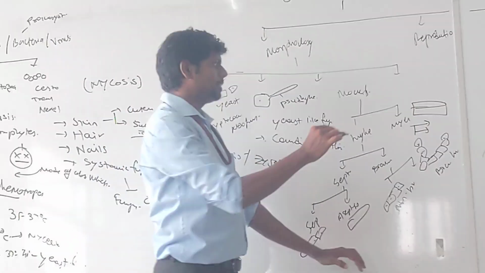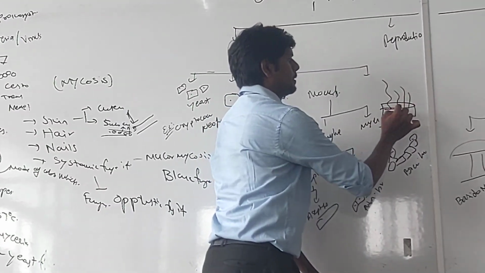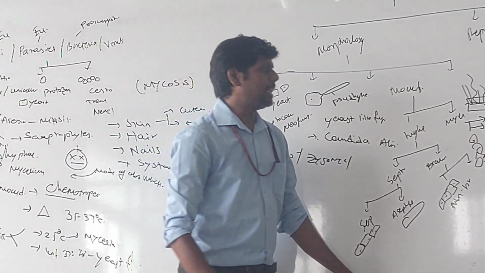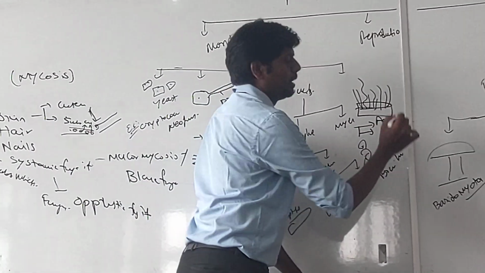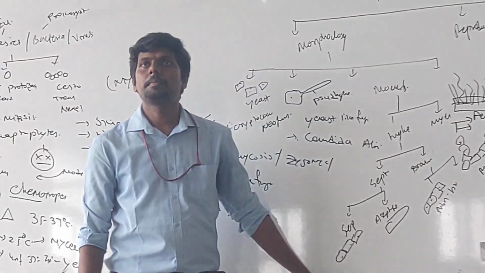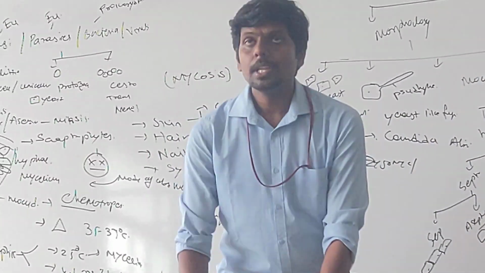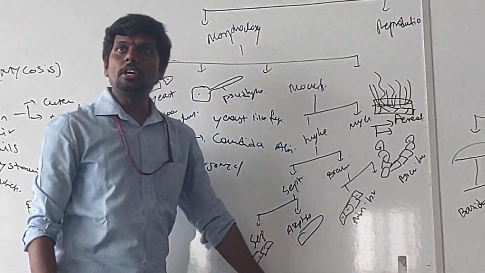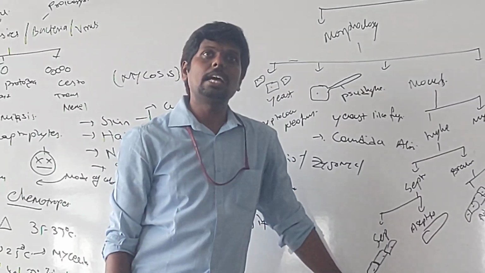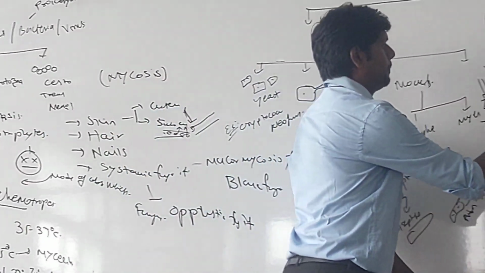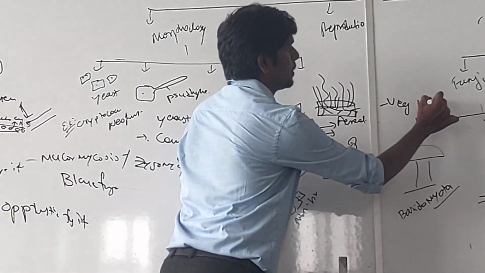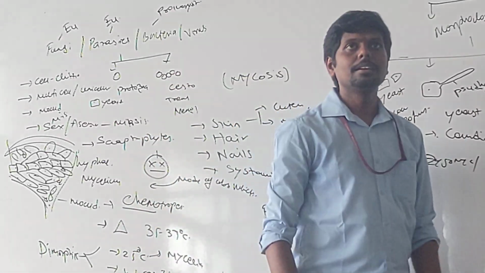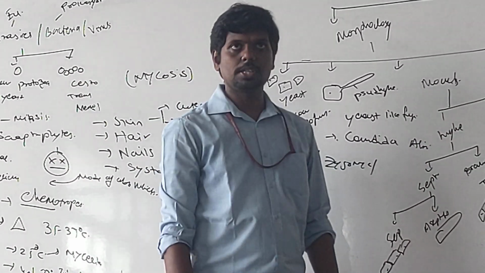If mycelium is growing above the surface, it is called aerial mycelium. If mycelium is growing inside the medium, it is called vegetative mycelium. Clear? So now you understood the mycelium classification also.